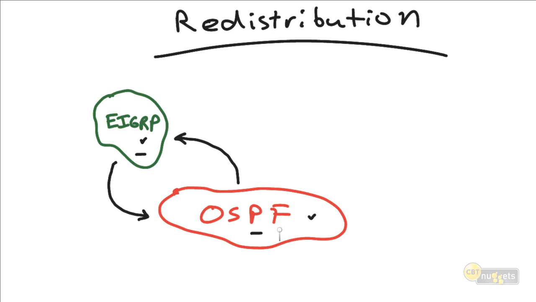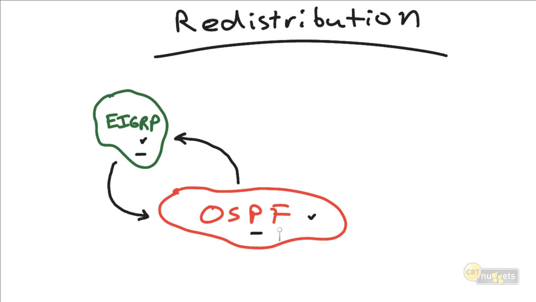Particularly, they both recognize updates as being external to their domain, and they punish those external prefixes with something we call administrative distance. So, great news. There are protections in place against routing loop and routing feedback problems in this illustration.